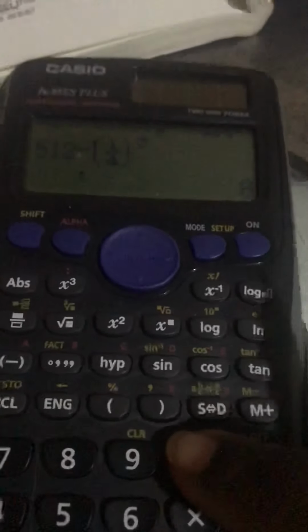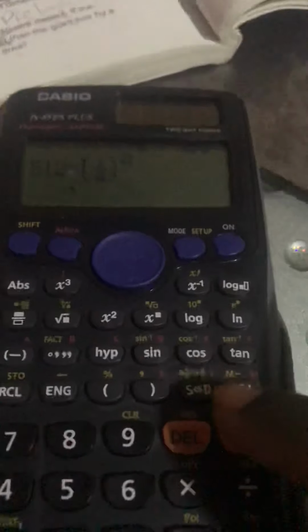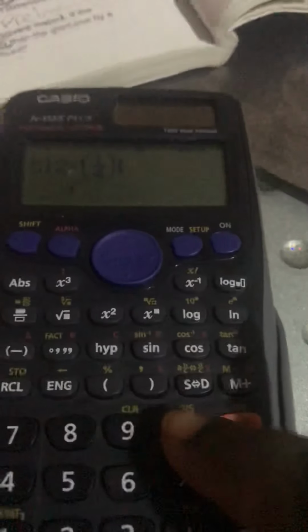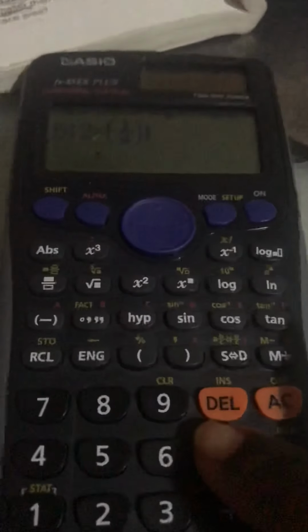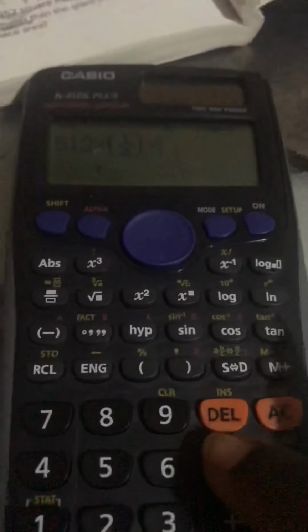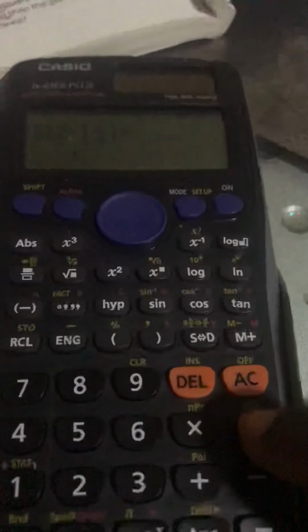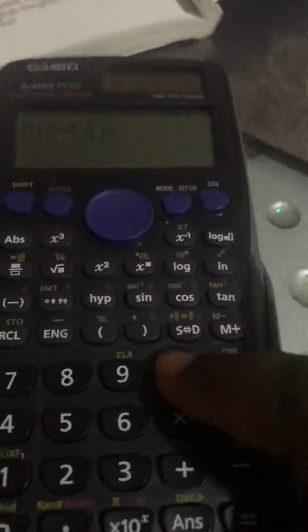Or if you don't want to do that, you can delete that. And then you can multiply by 1/4. So wait. Delete this.